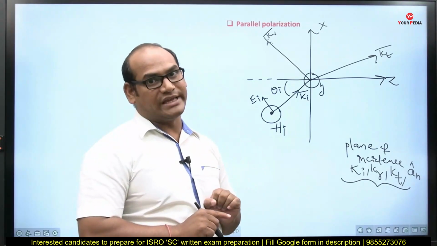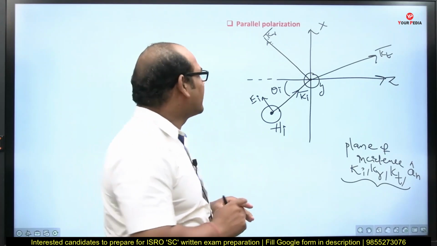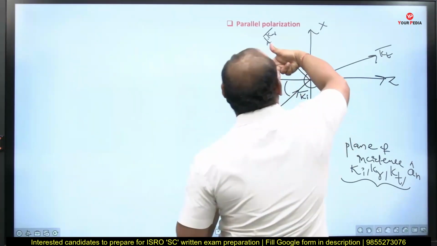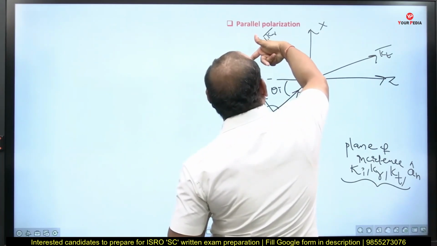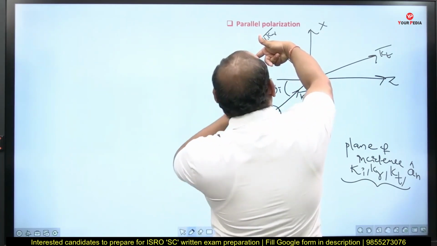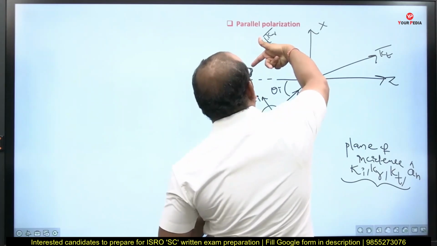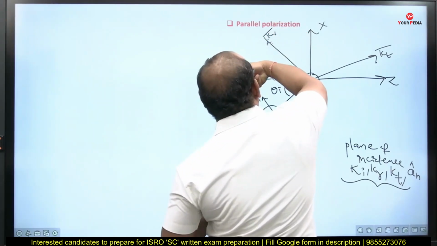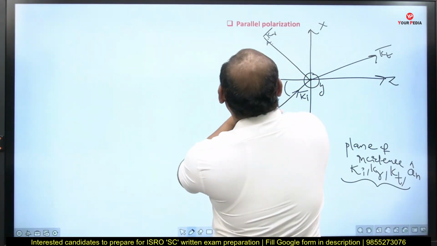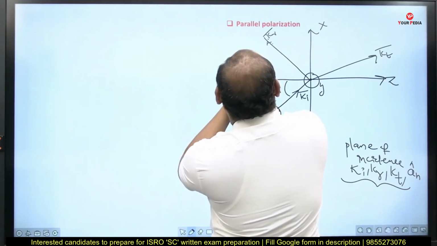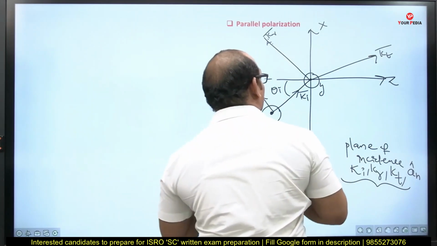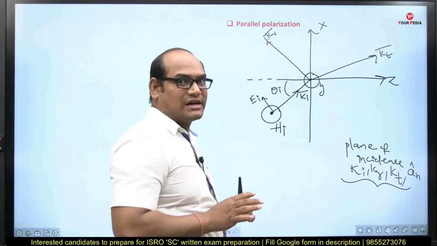Like that only we have to take. So if you keep your thumb in such a way that it is traveling along the reflected wave, then the magnetic field is again coming out of the screen only, and the electric field is going this way. So like this you have to represent.